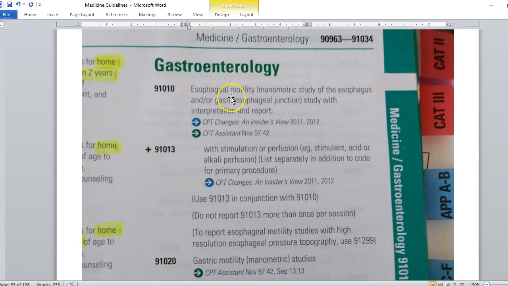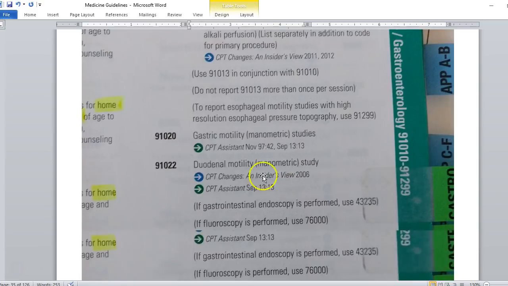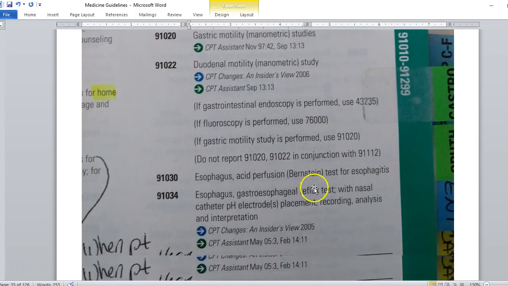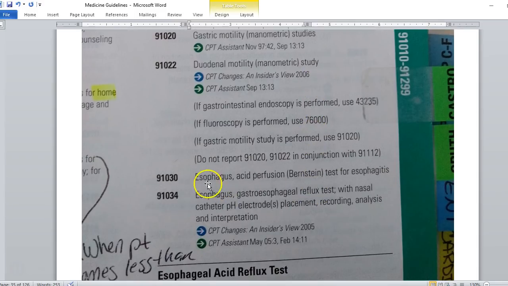Are we doing esophageal motility, where we see how the esophagus is functioning? A lot of times we have the patient eating or drinking something. We have gastric motility and duodenal motility, where again, we're using manometry, measuring the actual movement through the gastrointestinal system. We have the acid perfusion test and the gastroesophageal reflux test.